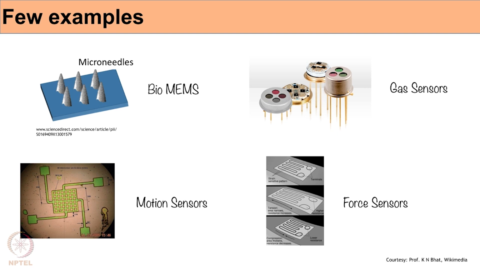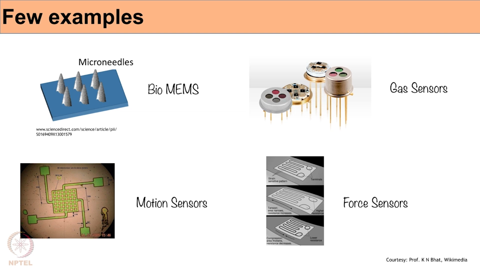Next is a very important example, that is force sensors. In the case of force sensors, you have a material which, if it is exposed to stress or strain, its electrical properties change. Like if you bend it, then it's under tension and becomes a little bit elongated, and because of that its resistivity changes, like for piezoresistive materials.